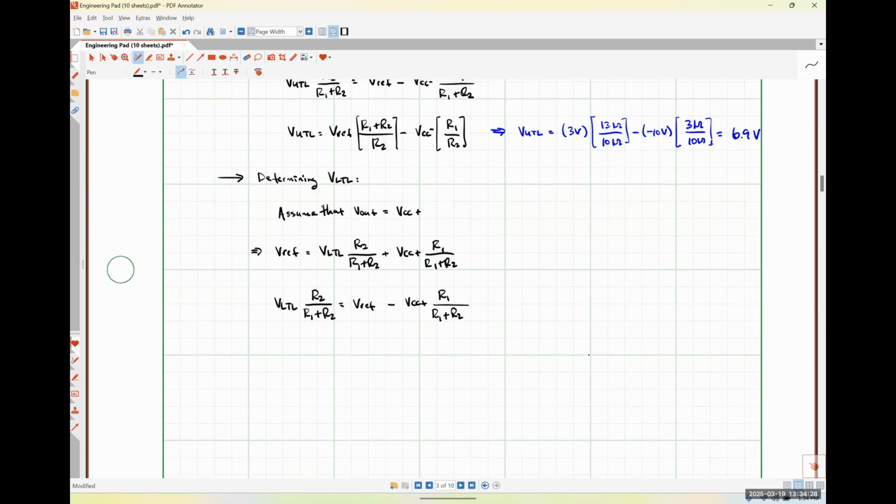Multiplying both sides by R1 plus R2 over R2 gives me VLTL is equal to Vref times R1 plus R2 over R2, minus VCC plus times R1 over R2.